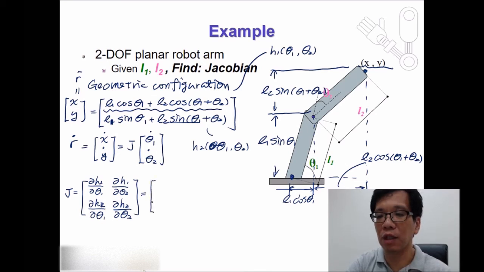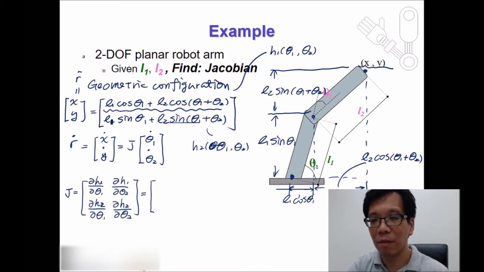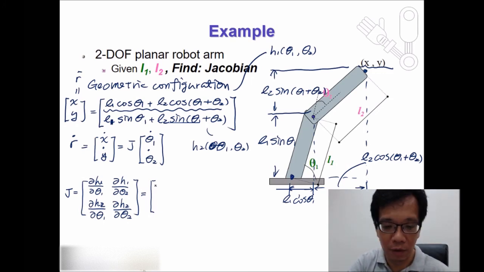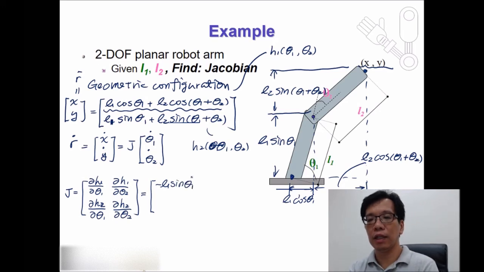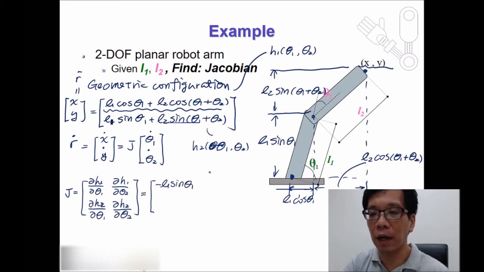Then the next thing we need to do is just partially differentiate. So this first entry equals negative L1. We deal with theta 1 first. Differentiating the first term becomes negative sine theta 1 multiplied by L1.